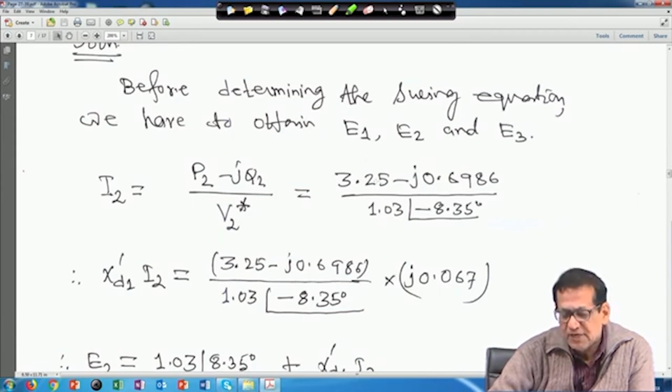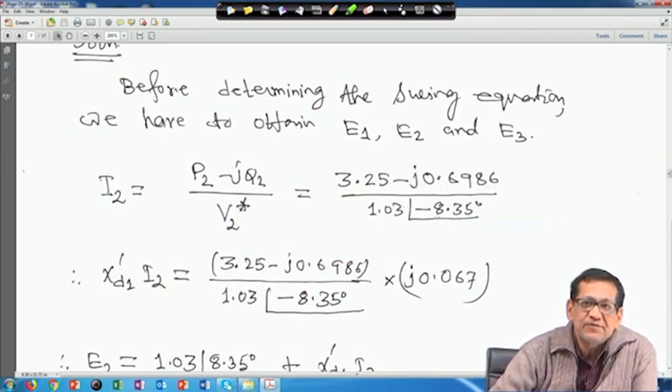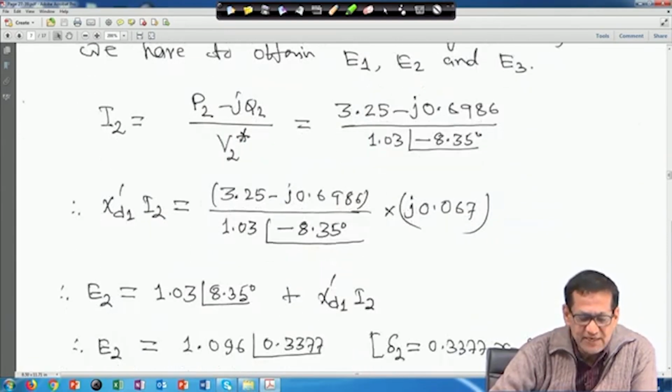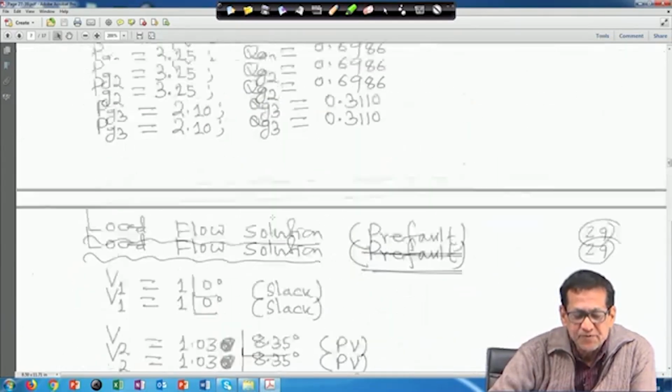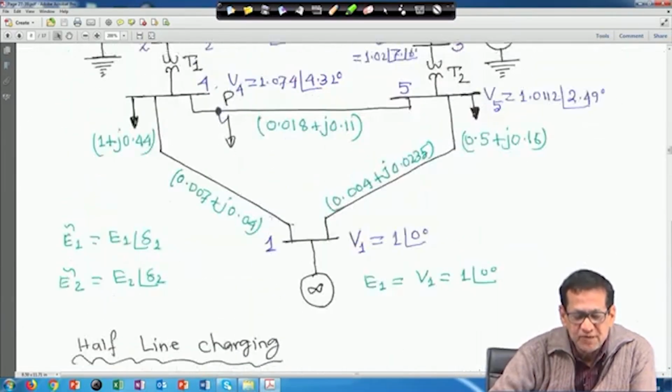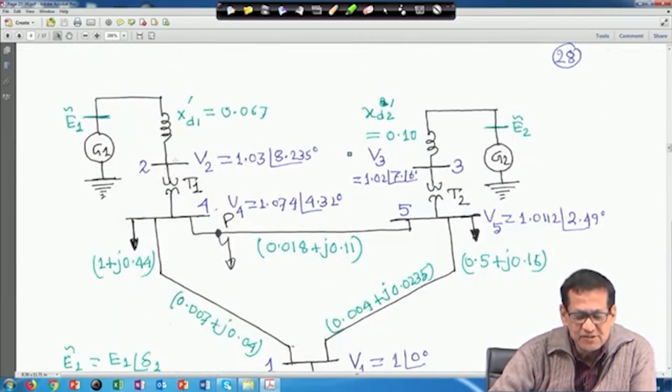So, from the load flow studies, you have P2 as 3.25 minus j0.6986 upon 1.03 angle minus 8.35 degree. Multiply both sides by xd1' I2, because if you go back to the diagram, this is bus 2 and this is your xd1'.